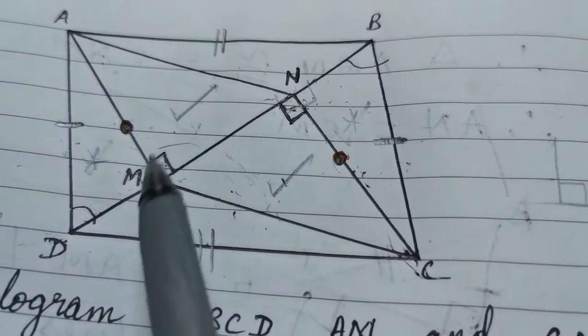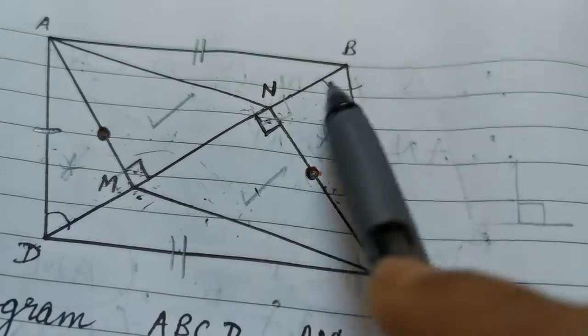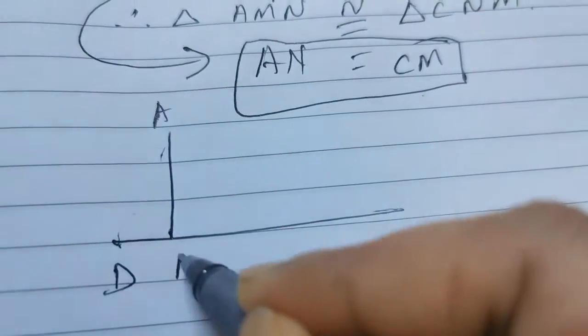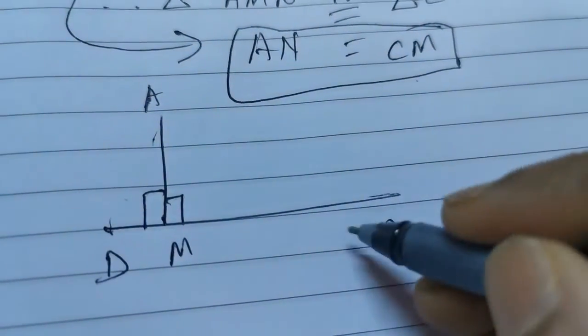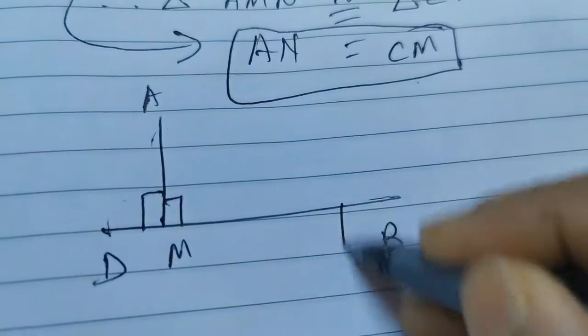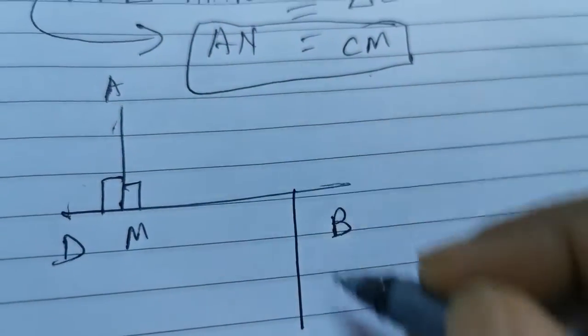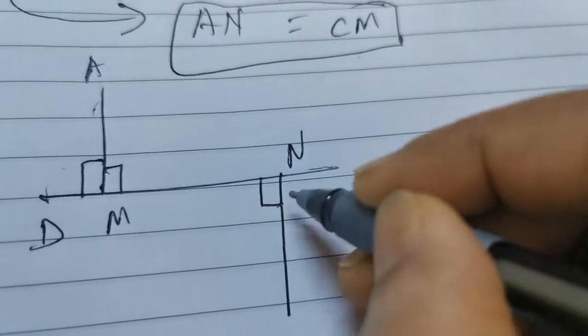Now I am taking a part of this figure. They told us there is a line DB and we have a line AM perpendicular to DB. So these are 90 degrees. And there is a line CN which is perpendicular to DB.